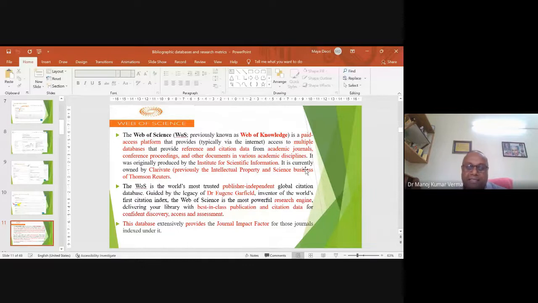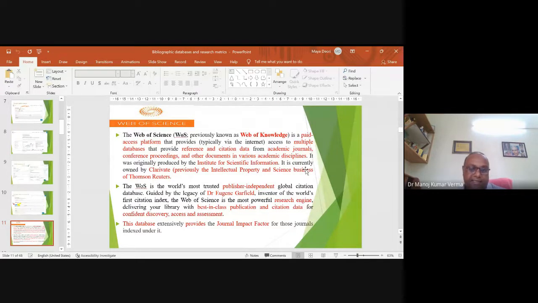The Web of Science is the world's most trusted independent global citation database, guided by the legacy of Dr. Eugene Garfield. Eugene Garfield is one of the fathers of citation analysis. Okay, he invented the world's first citation index. The Web of Science is the most powerful search engine, delivering your library best in class publication and citation data, and confident discovery access to the assessment.